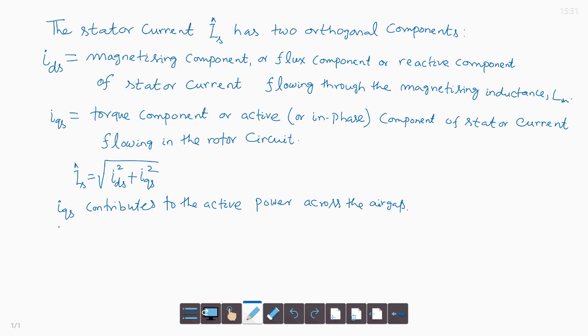And the reactive or flux component IDS contributes only reactive power.